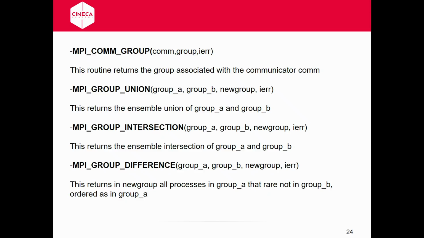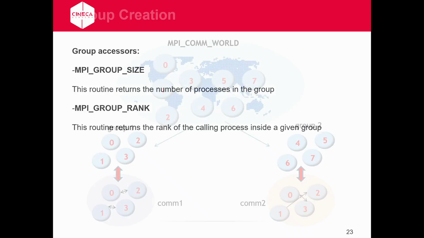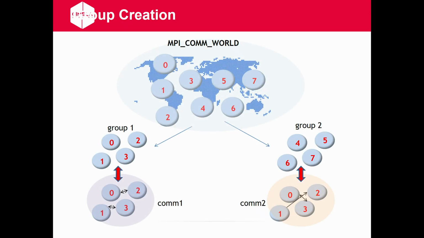In this case, you obtain in a new group all the processes of group A that are not in group B, and this is important, ordered as in group A. For example, coming back to the same example, imagine that group A is from 0 to 5 and group B is from 4 to 7.